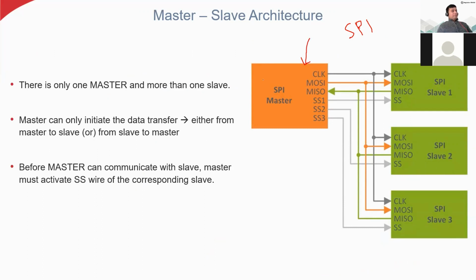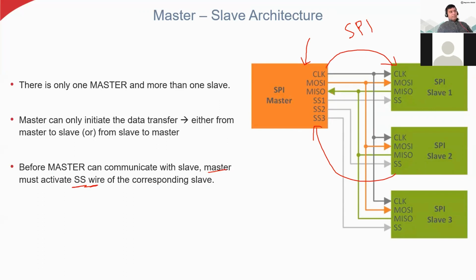Master can initiate the data transfer either from master to slave or slave to master. Only master can initiate the data transfer. Slaves cannot do that. And before master can communicate with slave, master must activate the SS wire of the corresponding slave.